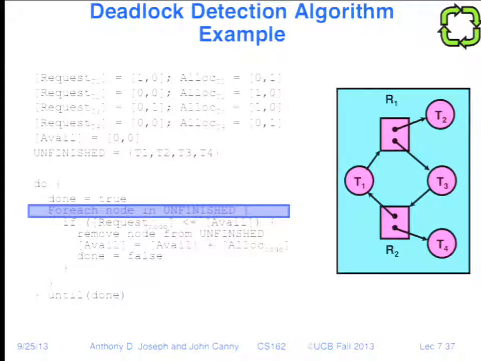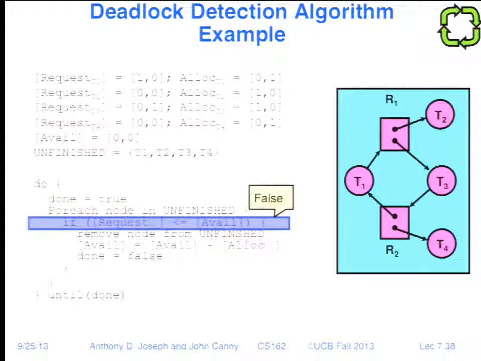Available resources is 0 because you can see all of the resource instances are currently held by something. And unfinished. Basically, everything's running currently. None of the threads have finished executing. So we can simulate by working through this routine.